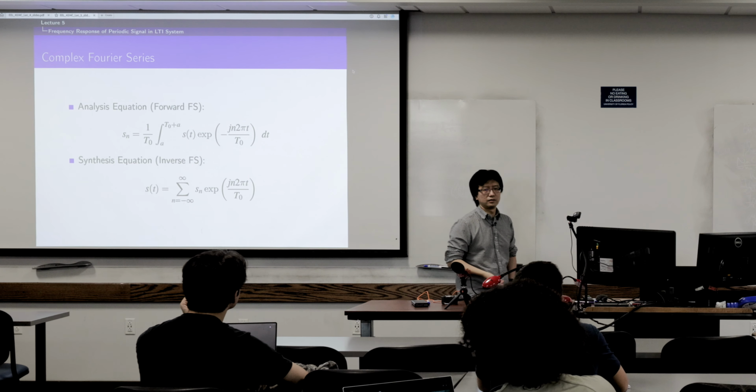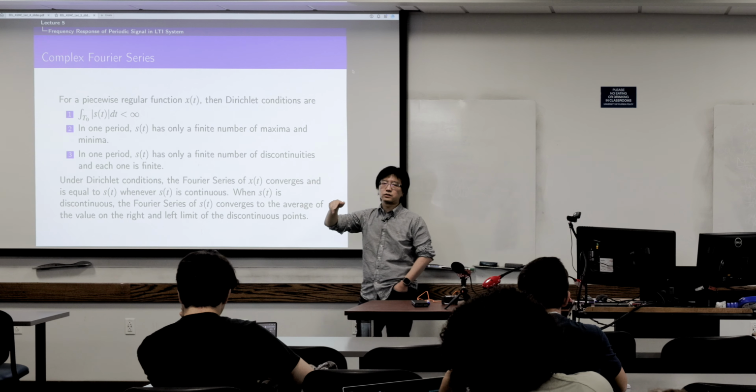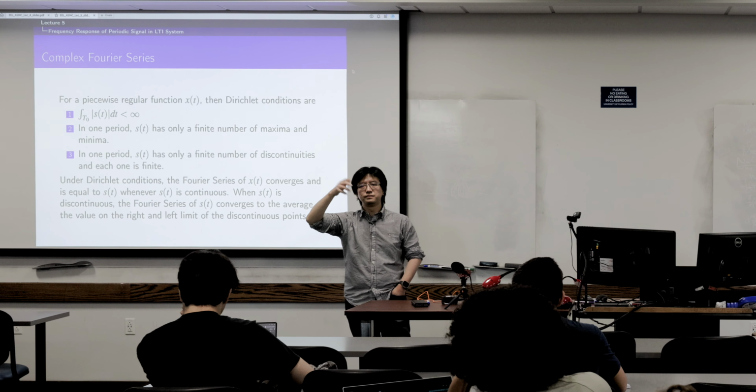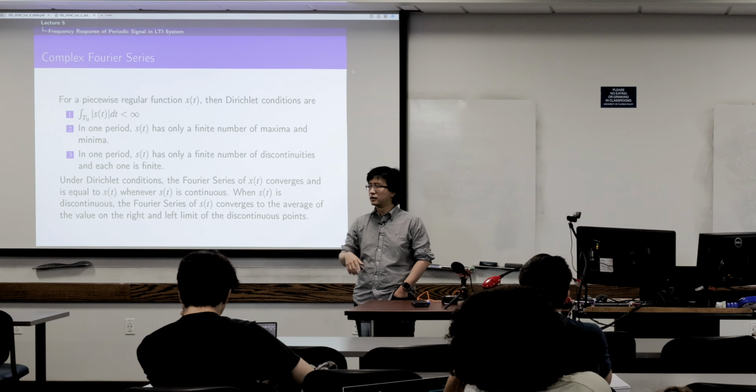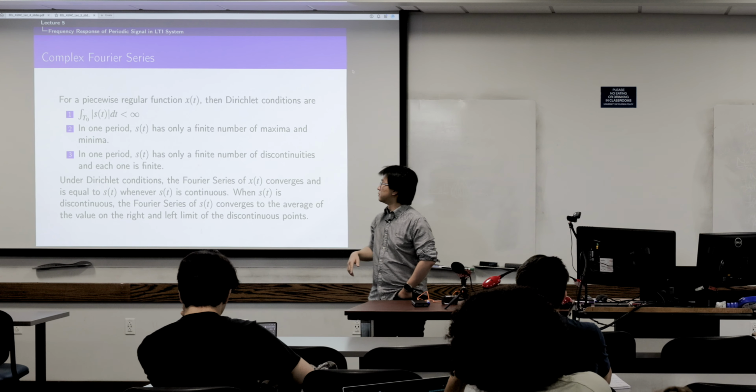The second and third ones are kind of tricky. We need to make sure that s of t has a finite number of maxima and minima in one period. We cannot have infinitely many maxima and minima. The third one is that within one period, it has to have a finite number of finite discontinuous points.